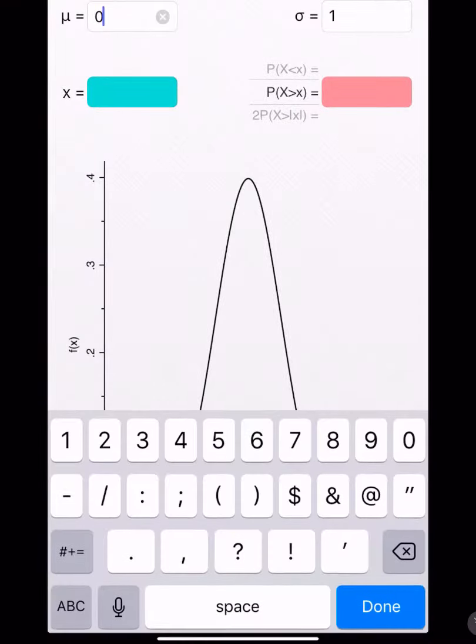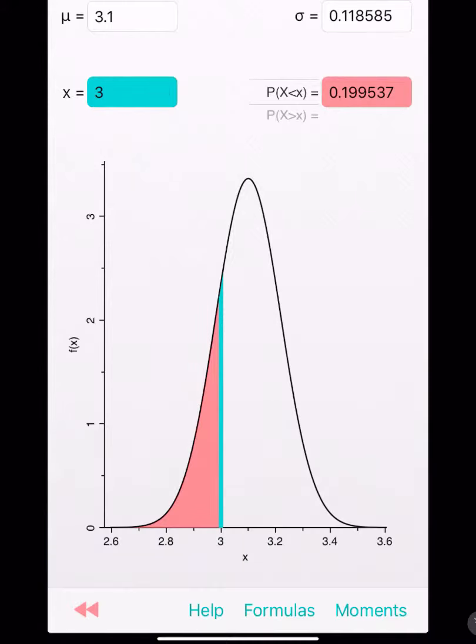So I put in the mean is 3.1, and the standard deviation is 0.118585. And we want to know the probability that x is less than 3. So there we go. Okay, so then the probability is 0.19957.